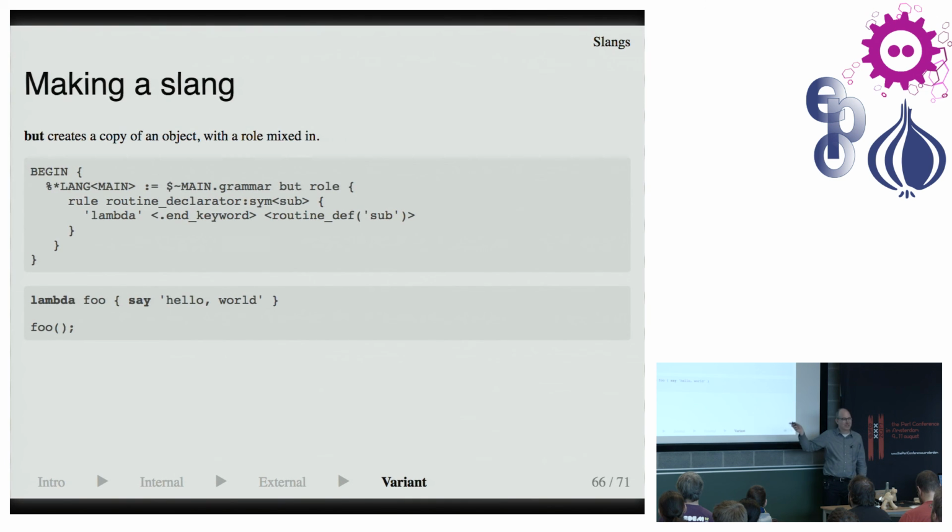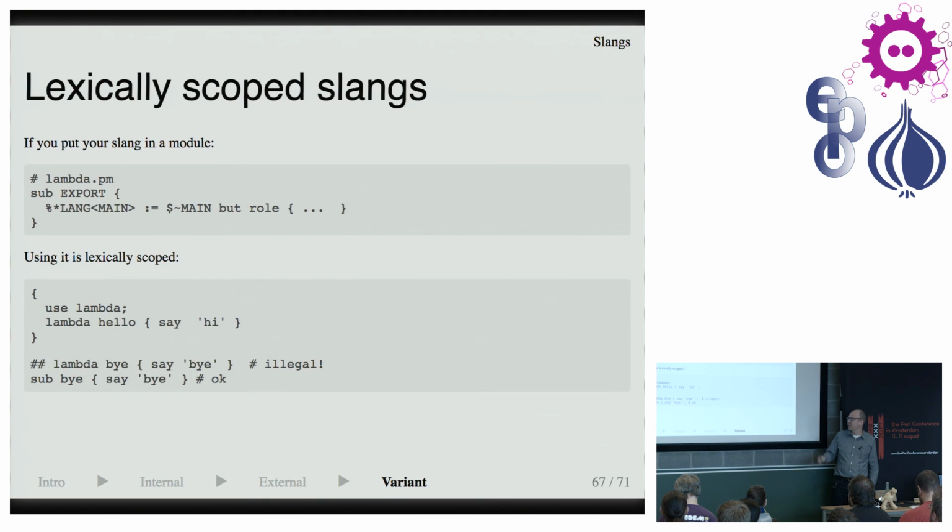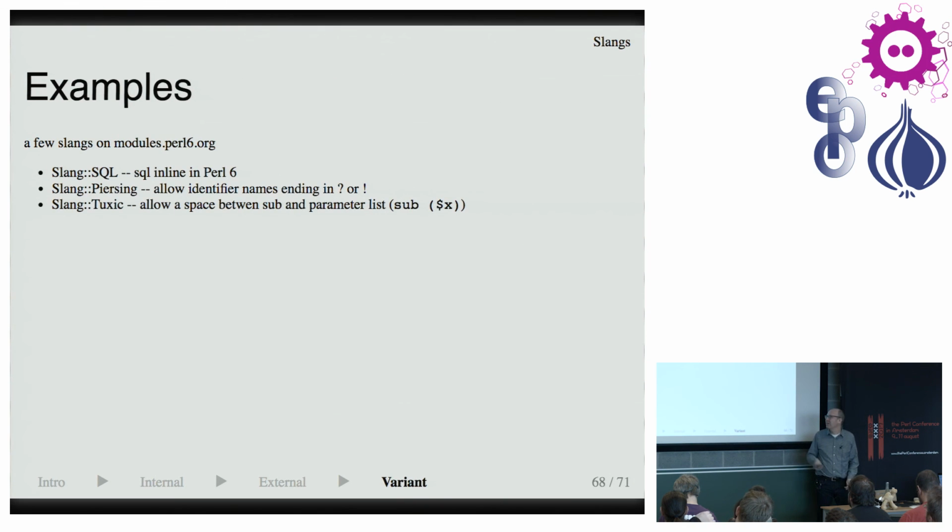And then after that, you can say lambda foo, instead of saying sub foo, and it'll declare a sub for you. And by the way, if you put it somewhere else, these changes to the grammar are lexically scoped. So inside a scope, you can use the grammar you just made up. There are a few examples of slangs in the ecosystem already. I won't talk too much about those, but you can look them up.